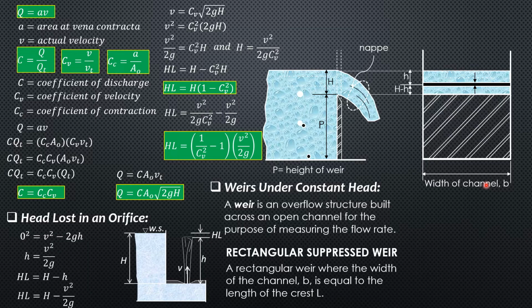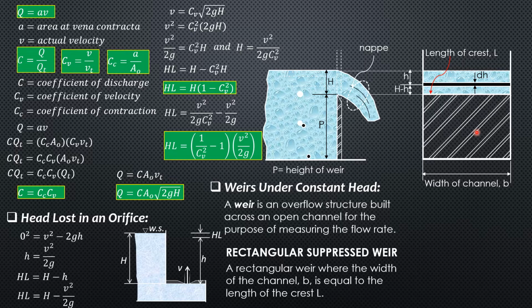This is the width of the channel, denoted by b, and this is the length of the crest, which is sharp crested. This is the crest of the weir, and this is the weir plate, normally made of steel, but in the rice fields, it is made of just plywood or any plate.